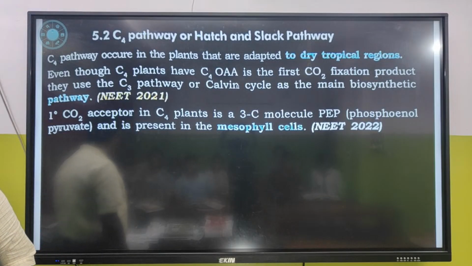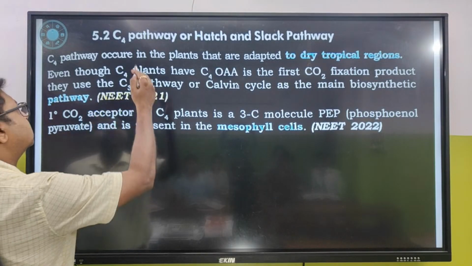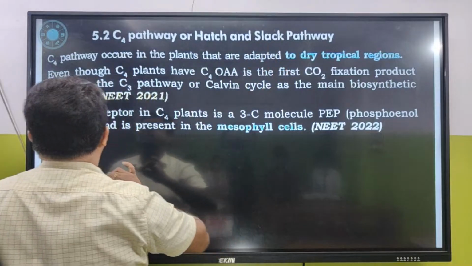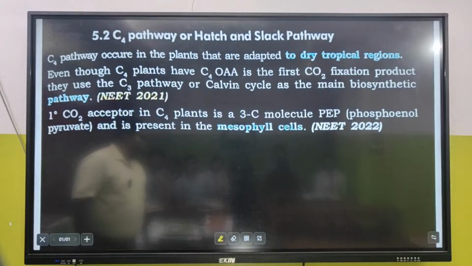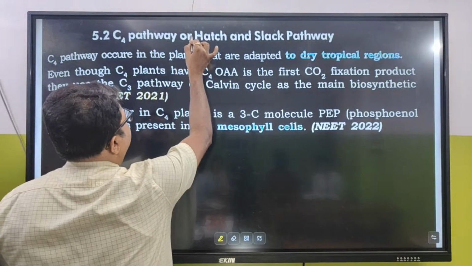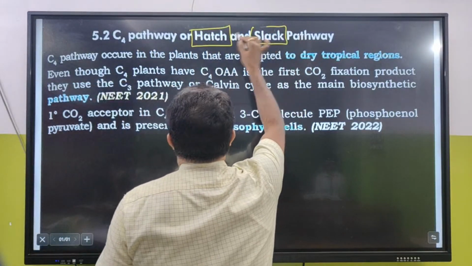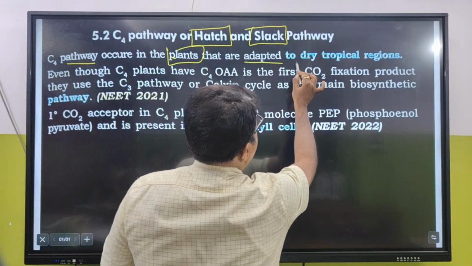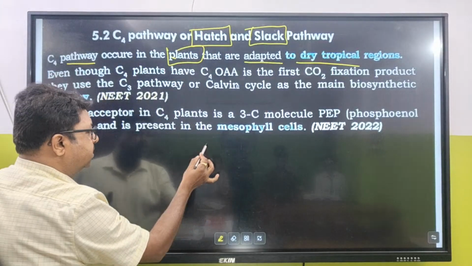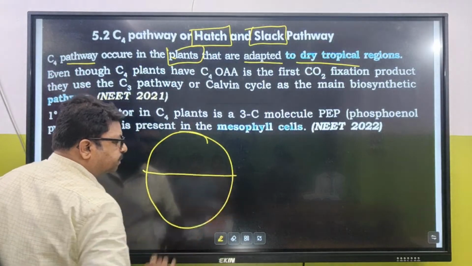C4 cycle pathway or Hatch and Slack pathway. What is C4 or Hatch and Slack pathway? C4 pathway occurs in the plants that are adapted to dry tropical regions, mind you very important. What is tropical?